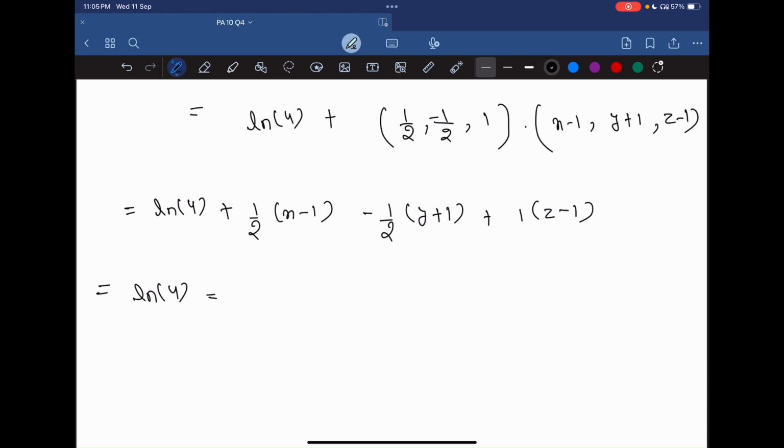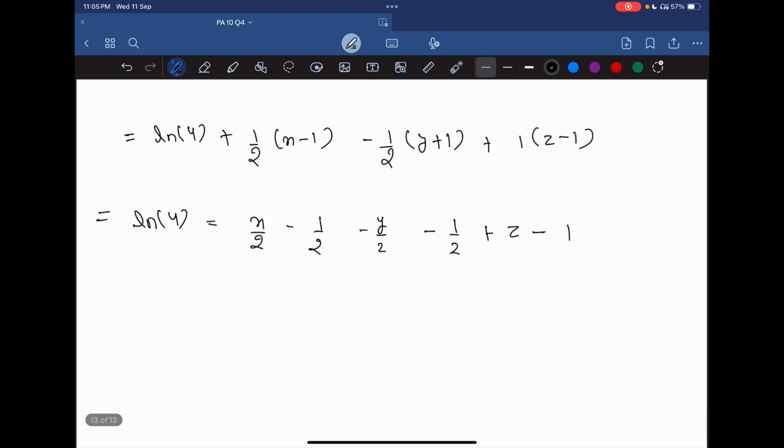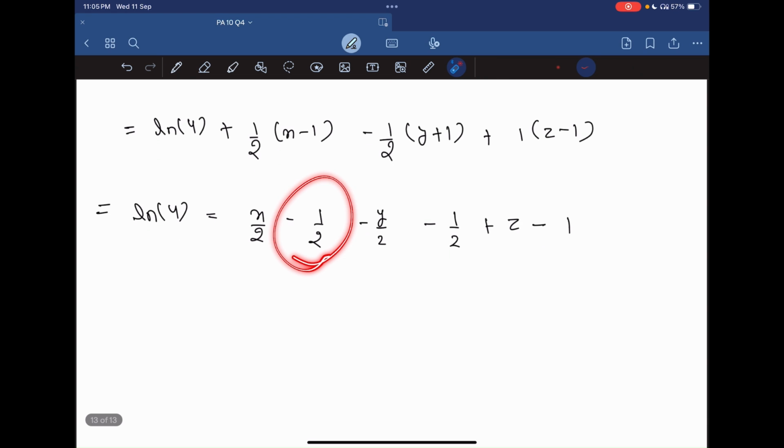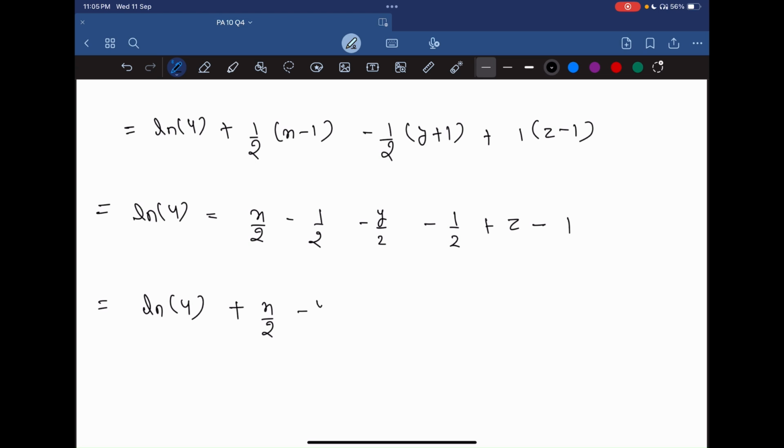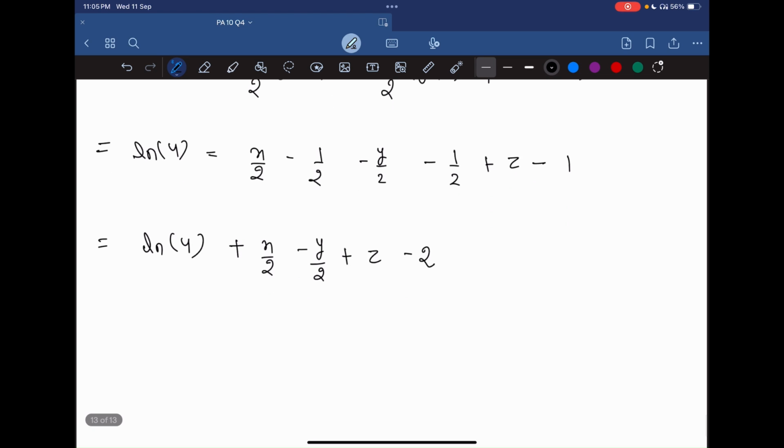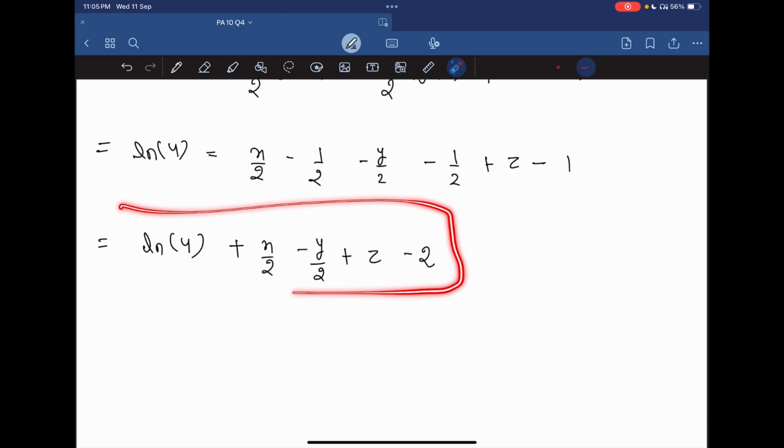On simplifying, x by 2 minus half minus y by 2 minus half plus z minus 1. This minus half and the other minus half would become minus 1, and that minus 1 with this minus 1 would become minus 2. So finally we got ln 4 plus x by 2 minus y by 2 plus z minus 2. This is the linear approximation for the function f1 at the point 1 comma minus 1 comma 1.